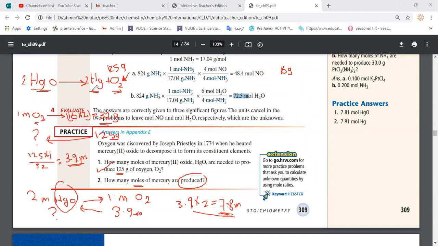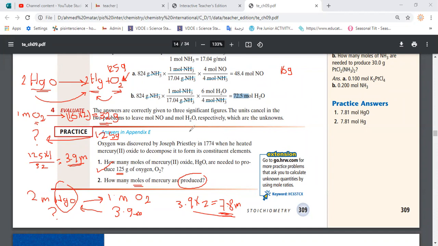We said that you could solve it in 2 ways: the ratio between the mercury oxide and the mercury, or the ratio between oxygen and mercury. Which one do you want to use? Oxygen to mercury.